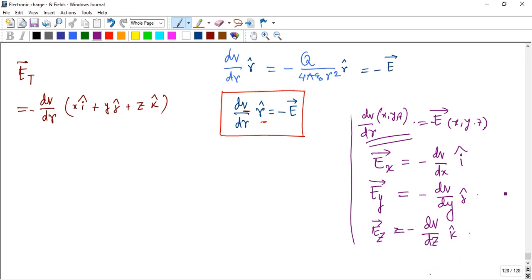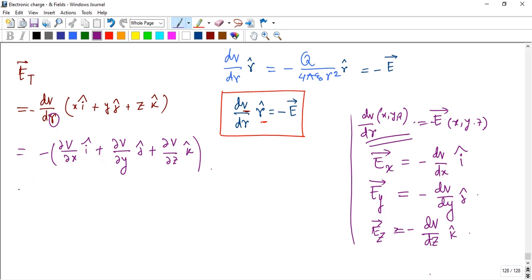Okay, if these are added here, replacing r with x, y, z, we get the partial derivative del V del x i cap plus del V del y j cap plus del V del z k cap. Okay, so there is a V common.